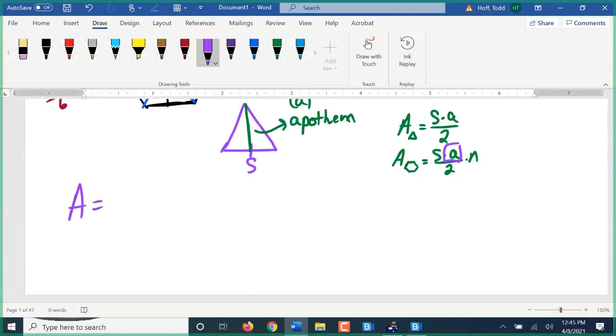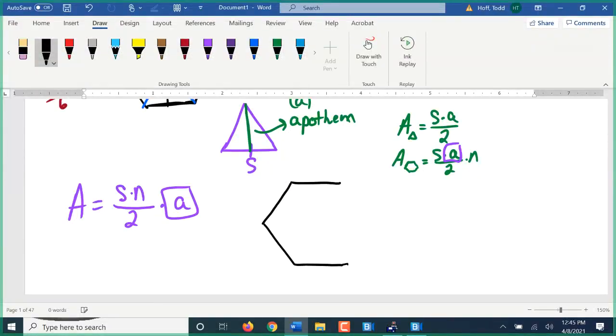So we've got our area is the length of our side times the number of sides over 2 times what we're trying to find, is some way to define A, that apothem. So we know that each of these, oh, that's ugly.